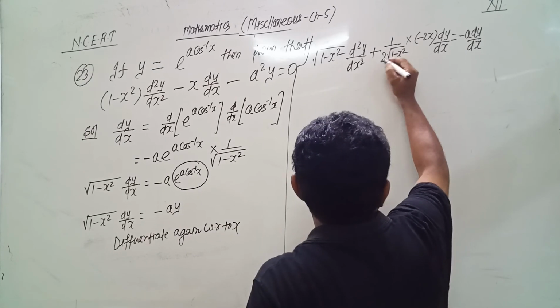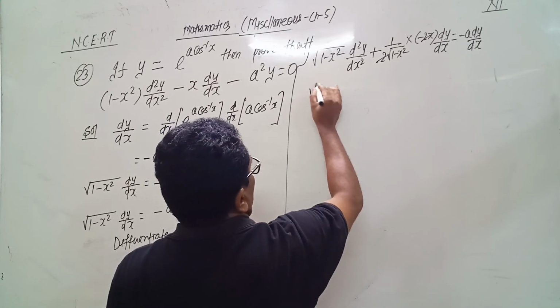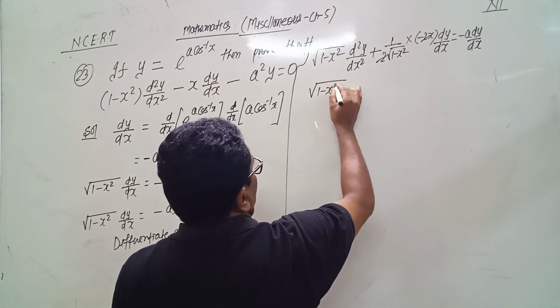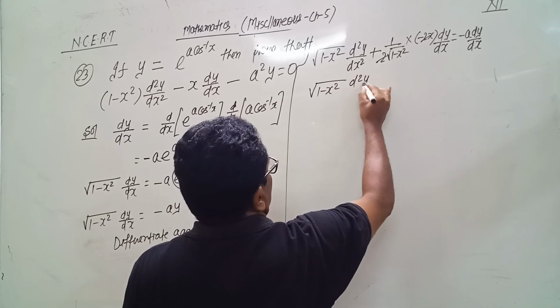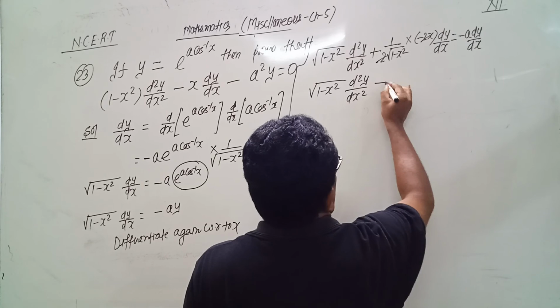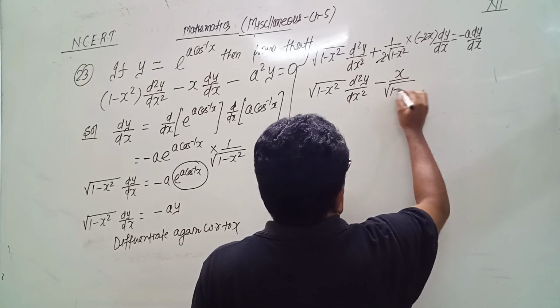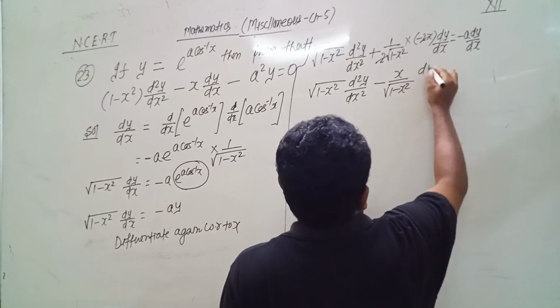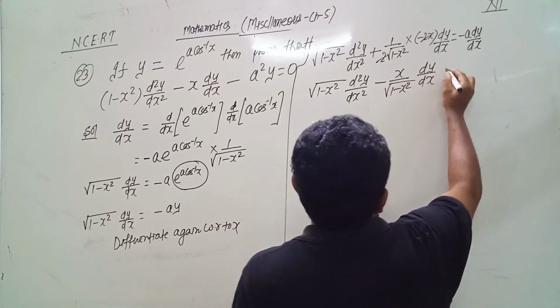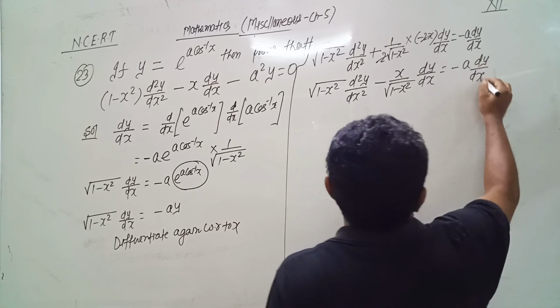So 2 and 2 cancel, and it gives root of 1 minus x square d2y/dx square minus x by root 1 minus x square dy/dx equals minus a dy/dx.